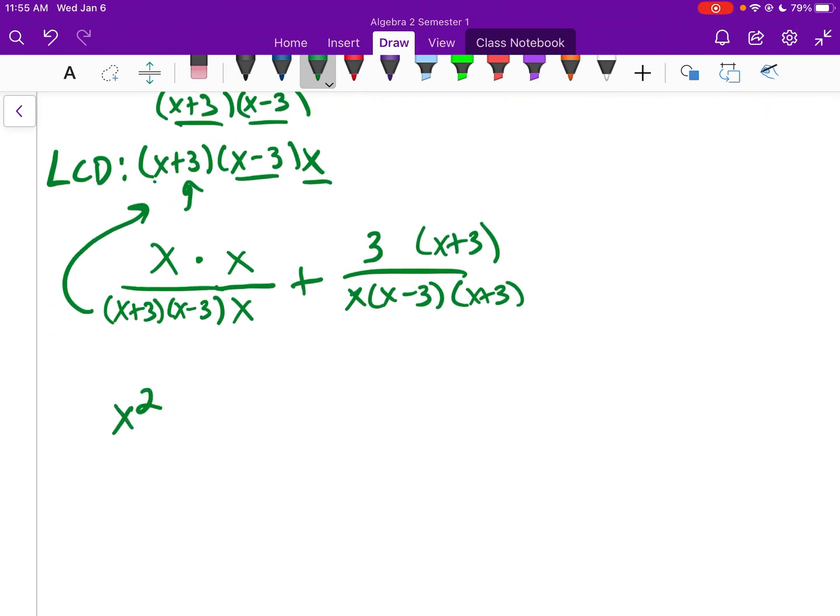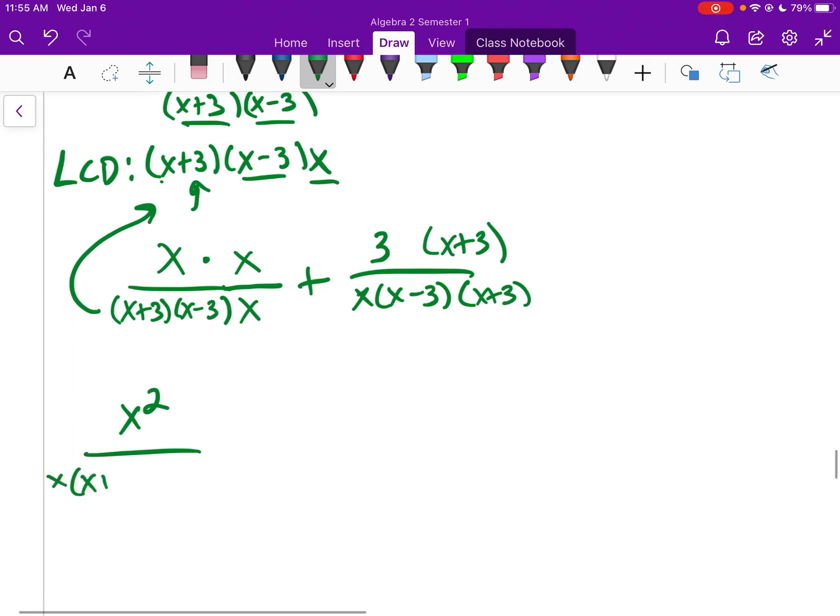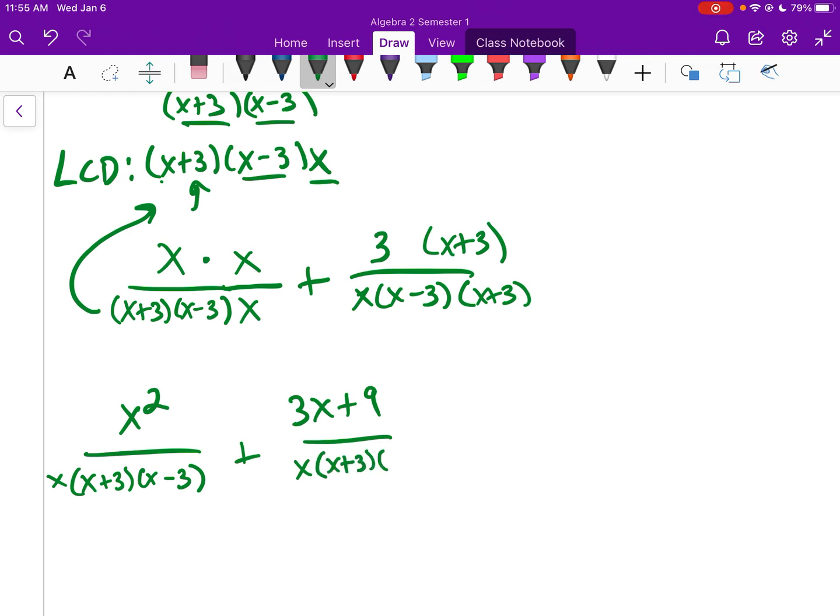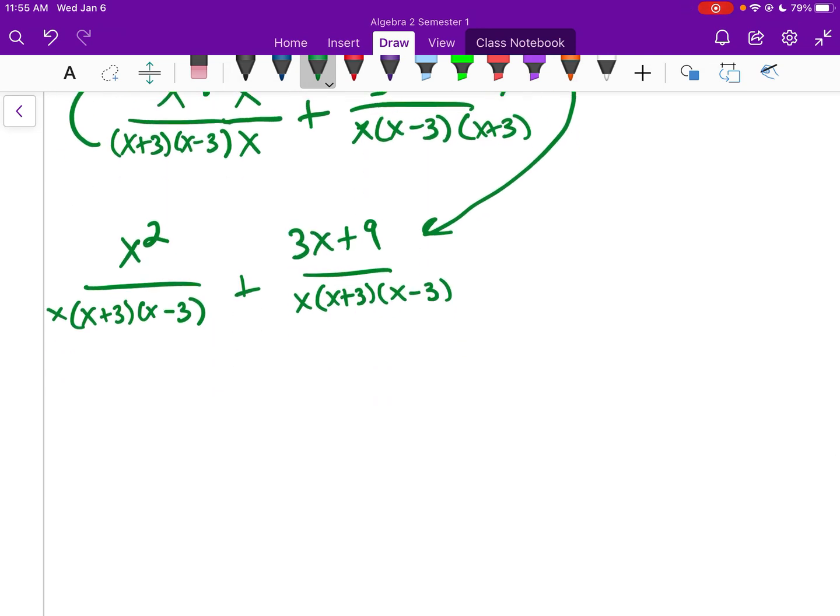So what I'm left with is x squared over the denominator plus 3x plus 9 over that LCD, because again, I need to multiply that out to get that. Now I can actually do the addition, which will get x squared plus 3x plus 9 over our LCD.